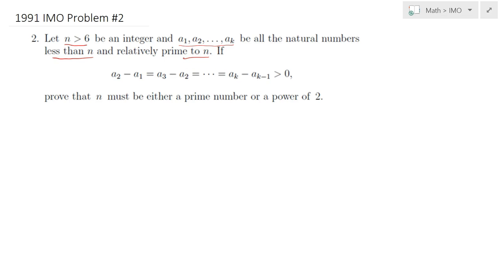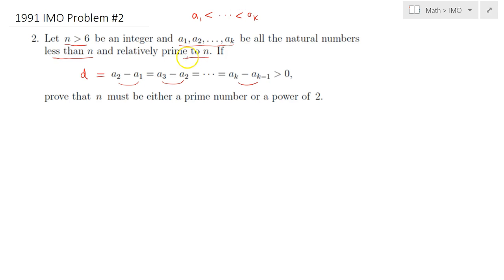Then, if we assume that the common difference between subsequent terms is, let's call it d, we easily see that the a_i's form an arithmetic progression with, let's assume, a_1 the smallest one, and a_k the largest one.